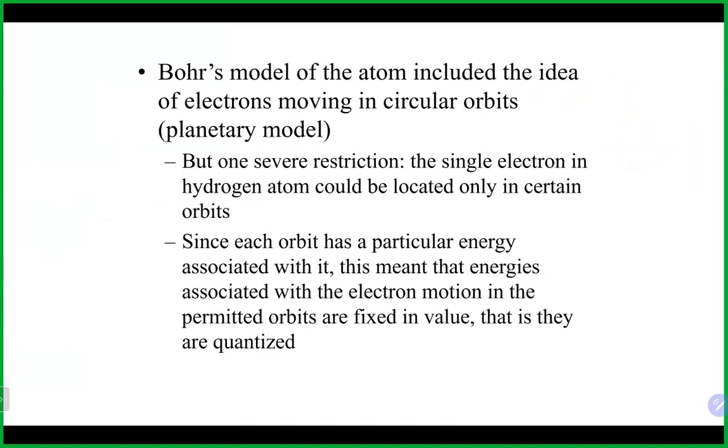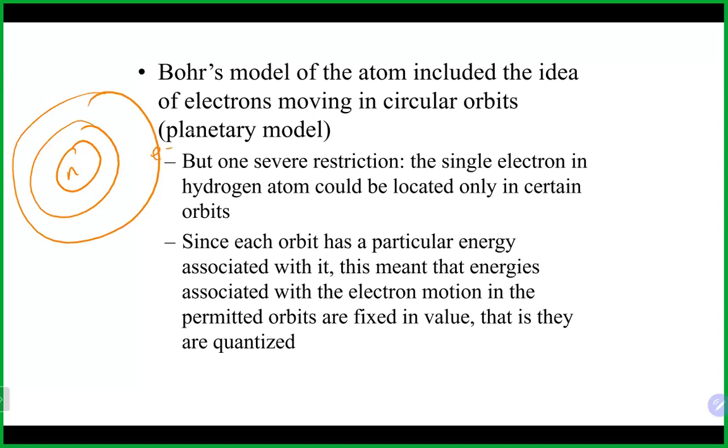As we will talk about, we move away from this idea of circular orbits, but this was his idea. Electrons could only be located at certain distances from the nucleus. So with our orbits here, our electron would have to be in this orbit, or however many orbits I could draw here, and they would be moving around.